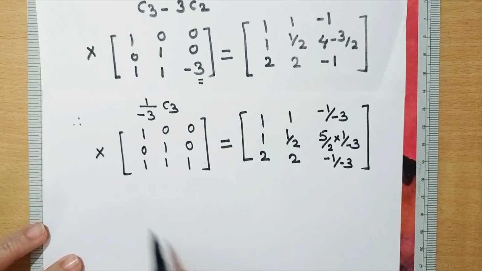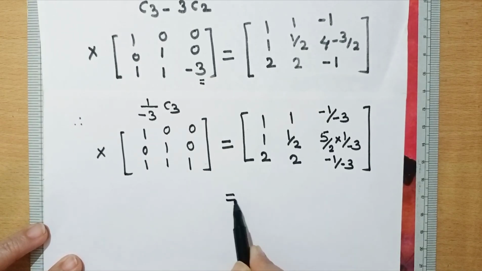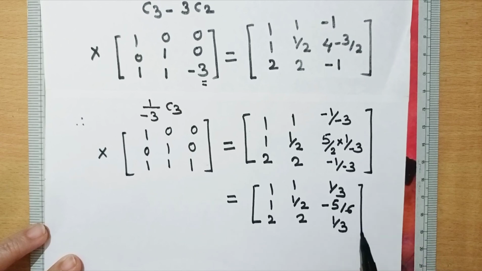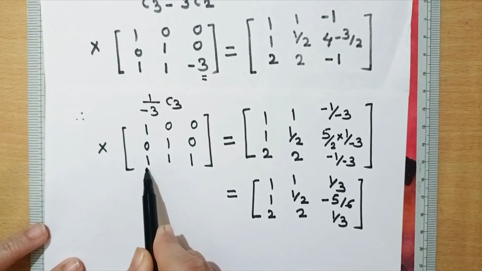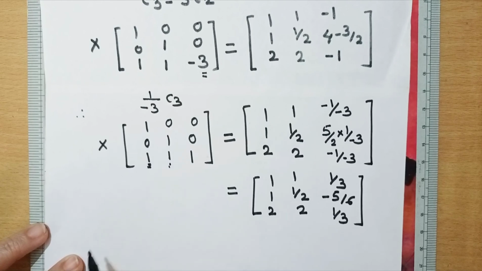Now simplify this. So again that is equal to, this is 1 by 3, minus 5 by 6, and this is 1 by 3. Now again we want to make this one as 0 and this is also 0.